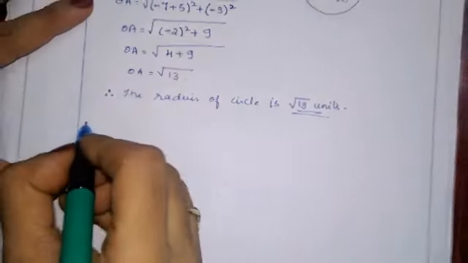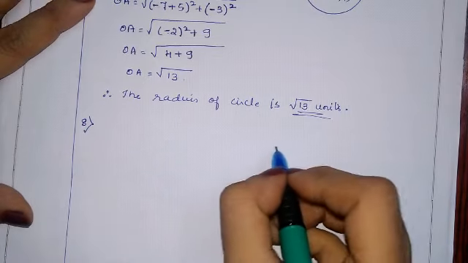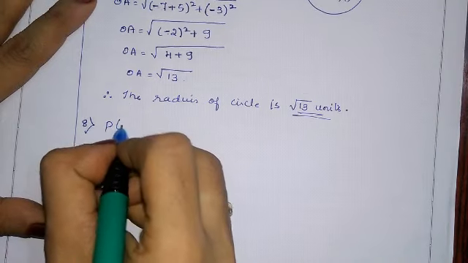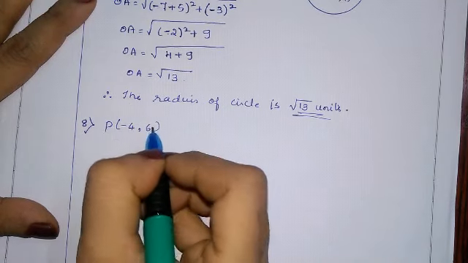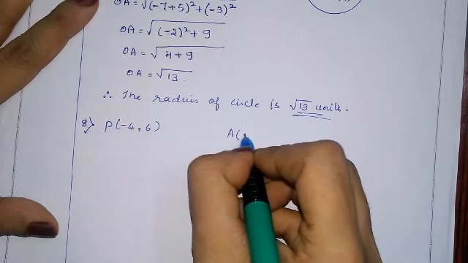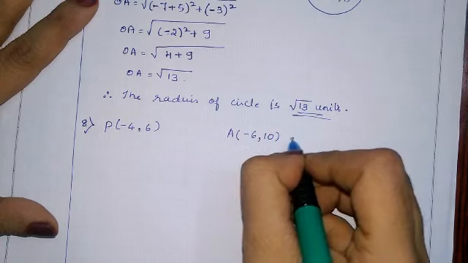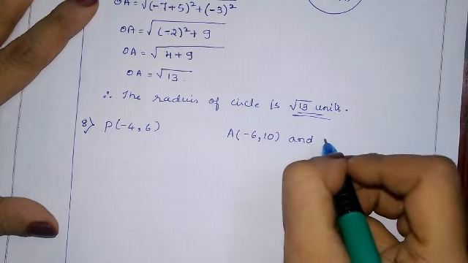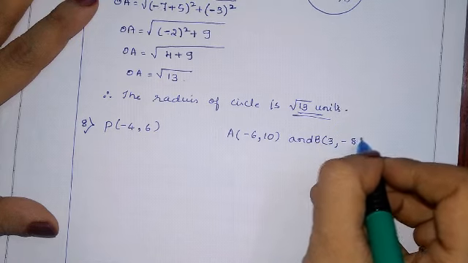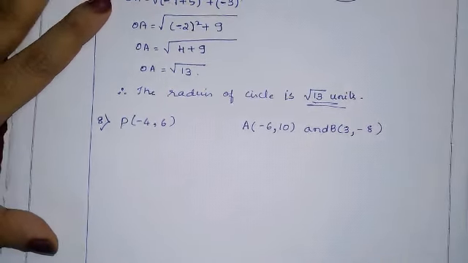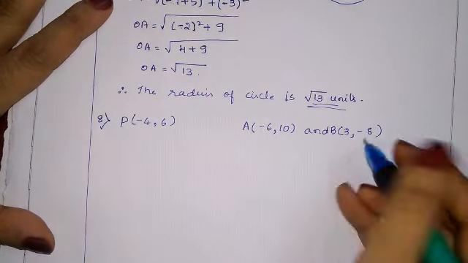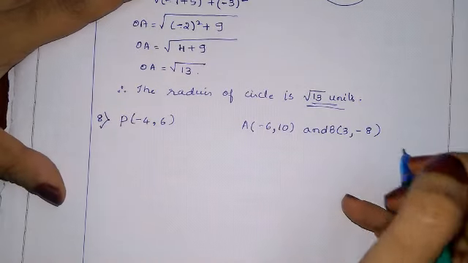Let me solve this. Find the ratio they are asking here. Let us find in what ratio it divides the line joining the points.